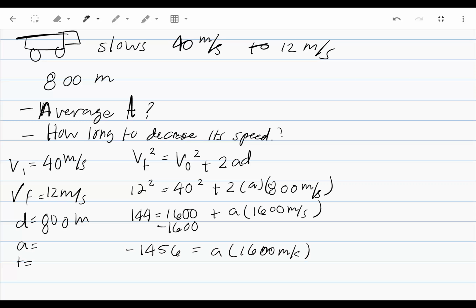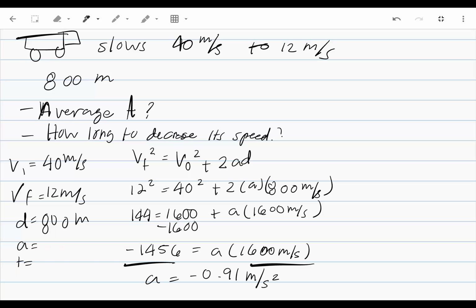Again, you do want to isolate a, so you would do the opposite of what is being done. If it's multiplying, you would divide. So it'd be 1456 divided by 1600. You would get your acceleration equals negative 0.91 meters over second squared.